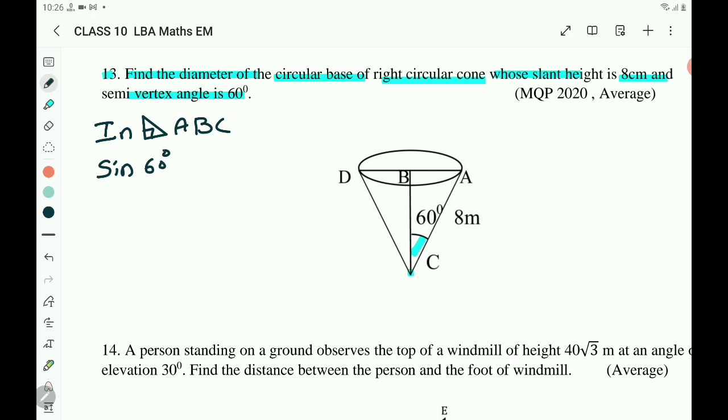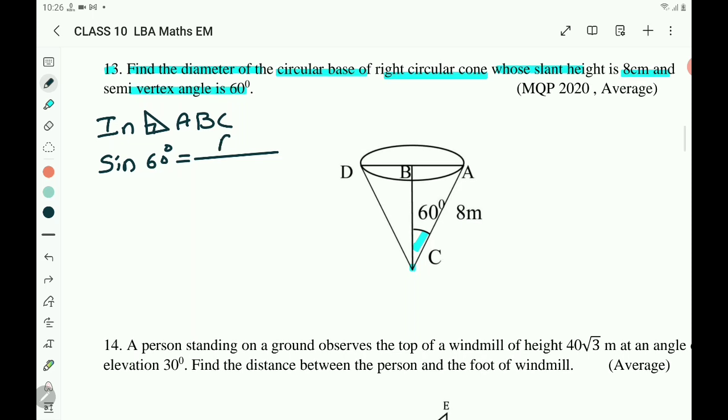Sine 60 degree equals opposite side by hypotenuse. Opposite side is AB, hypotenuse is AC. Then you write AB by AC. Then what is the value of sine 60? Sine 60 is root 3 by 2 equals AB by AC. AB is to be found out, AC is given, AC is 8 meter.